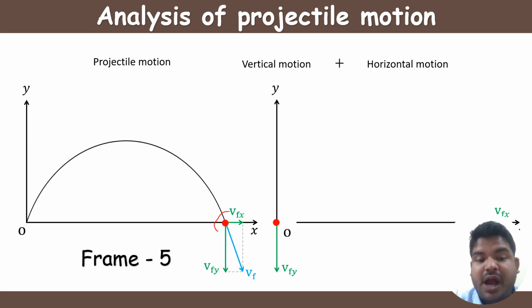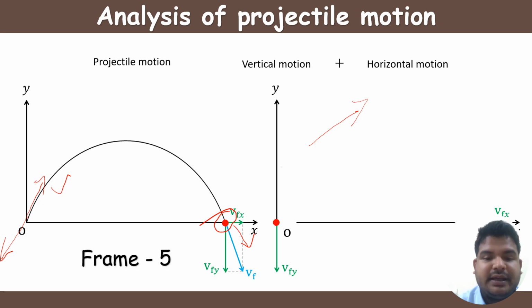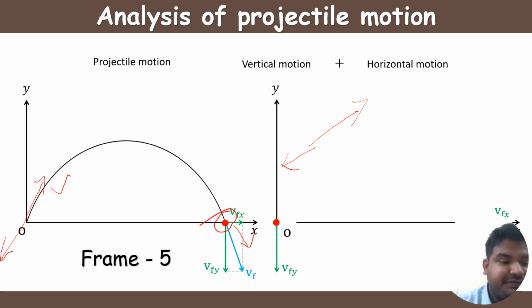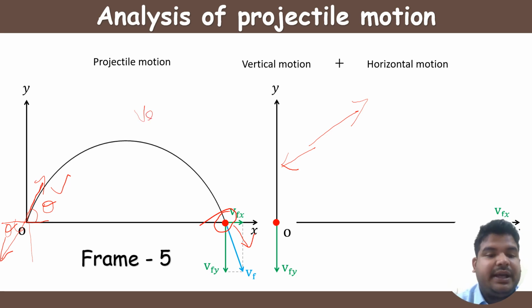Okay, now it reaches the ground. What is the direction of velocity v? That becomes opposite here, and the angle remains the same, the angle does not change. Like vertically opposite angles, as you have seen, this is theta, then this is also theta, vertically opposite angle.